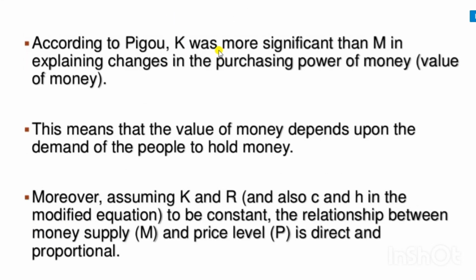According to Pigou, the proportion of real income which people keep themselves is more significant than money supply in explaining changes in the purchasing power of money, that is, the value of money. This means that the value of money depends upon the demand of the people to hold money. Moreover, assuming K and R and also C and H in the modified equation to be constant, the relationship between money supply and the price level is direct and proportional.